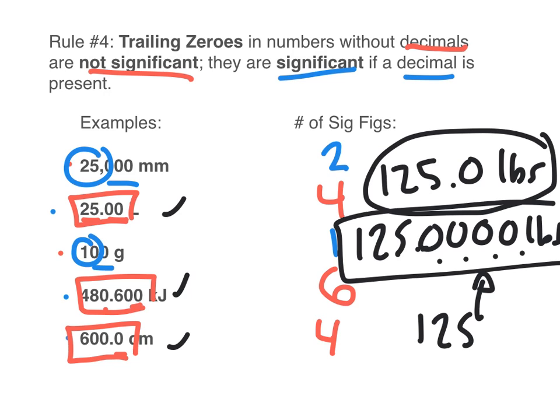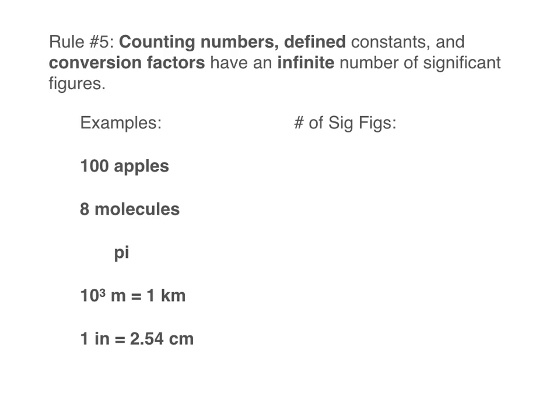Okay, so that's the reason why a decimal point makes all the difference. Okay, if you have a decimal point, these zeros become extremely important because they're telling me that you made a very precise measurement.